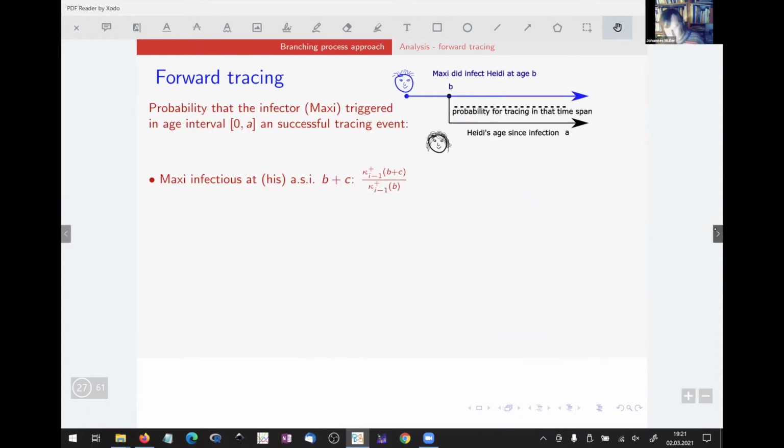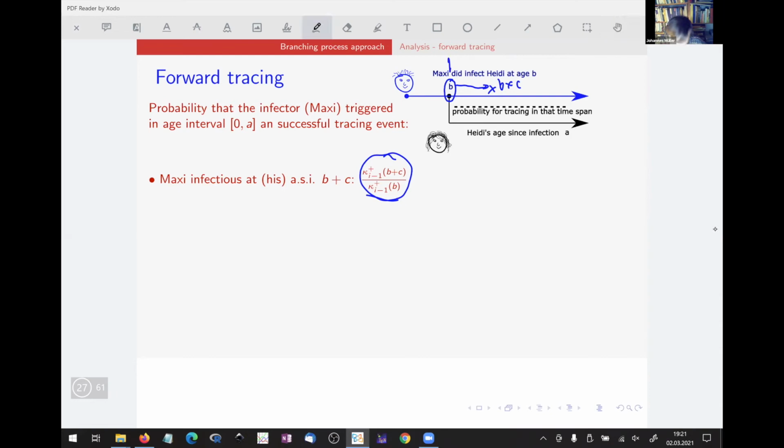Once we are here, we do similar reasoning as before. First of all, we know that Maxi is infectious at age of infection B, and we have to take that into account. So if we ask how likely it is that Maxi is infectious at age of infection B plus C, we have to divide by the probability that he was infectious at B, because for C equals 0 we know that he is infectious, so the survival probability is 1 at C equals 0. That's just the conditioned survival probability.